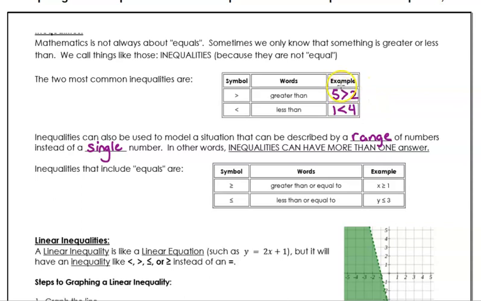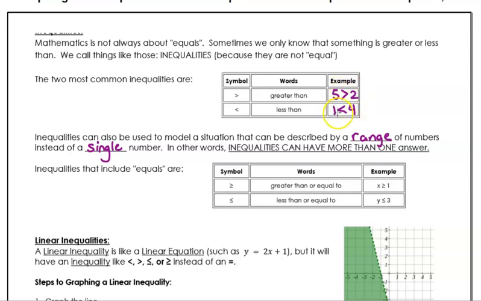Remember that the bigger number is going to go on this side. See how it kind of looks like a mouth, right? It's going to go on the side of the mouth. So it almost looks like the mouth is eating the bigger one. The smaller number goes on the side of the little point, the pointy part. Okay, so 5 is greater than 2, 1 is less than 4.